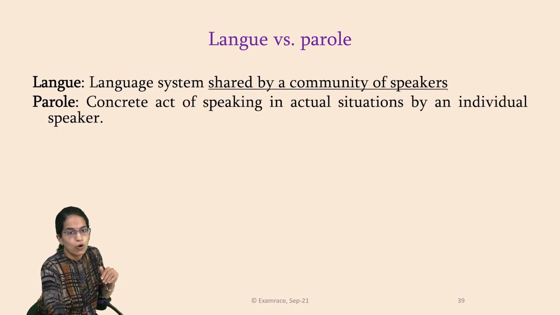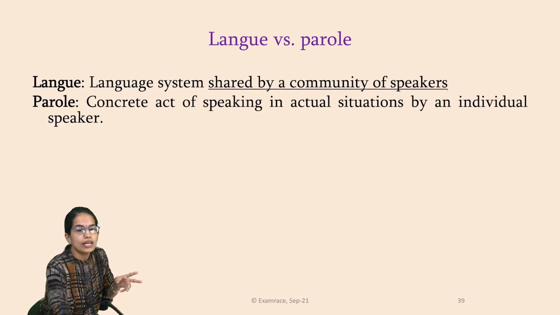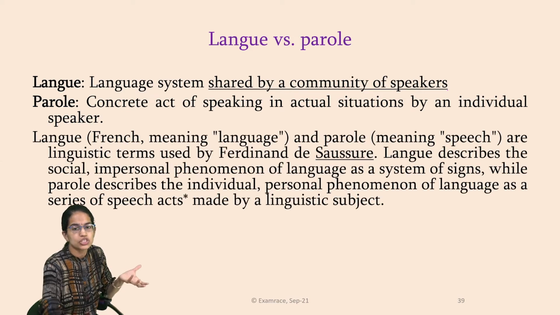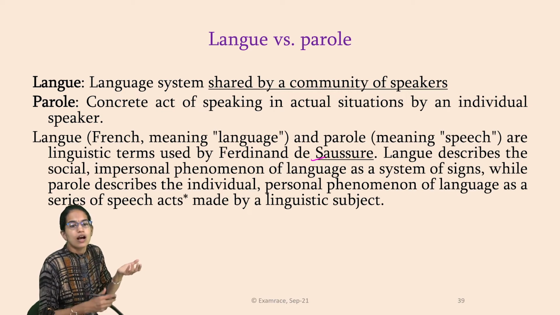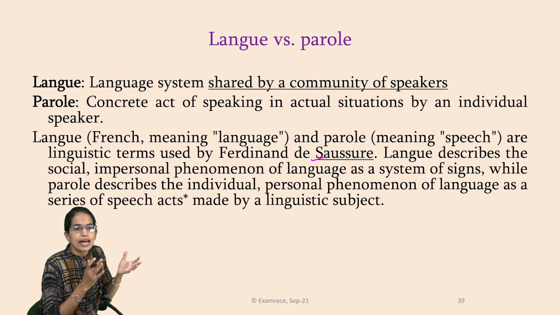Langue and Parole, what is the difference? Parole is the act of speaking and Langue is the language system which is shared among the people. So Langue and Parole are the two terms which have been divided by Saussure, Ferdinand de Saussure. Langue actually explains the impersonal phenomena of the language, which is mainly the science, and it is shared by the community people.